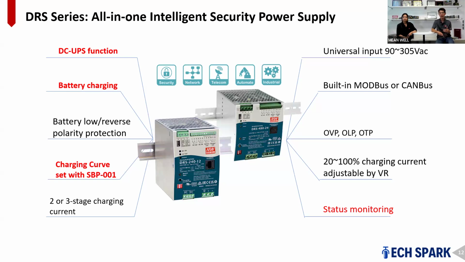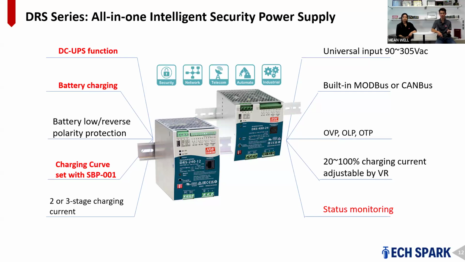Besides the universal input voltage and all kinds of protection, the DRS features built-in Modbus and CAN bus, allowing the customer to communicate easily with this series. Then it also provides 20 to 100% charging current adjustable by the VR, so the customer can simply turn the VR to adjust the charging current.